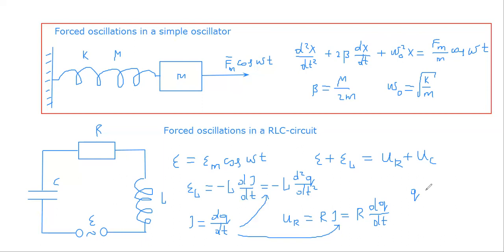We can remember formula that charge of capacitor is capacitance multiplied by voltage across this capacitor. According to this, we have that UC is equal to Q divided by capacitance. Electric charge divided by capacitance. Okay, so do you have any questions about this?